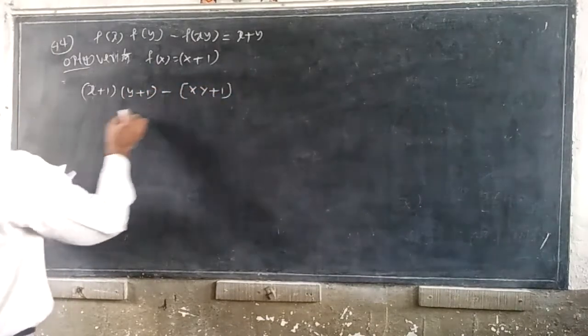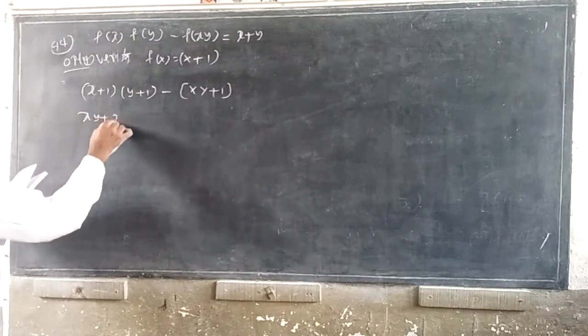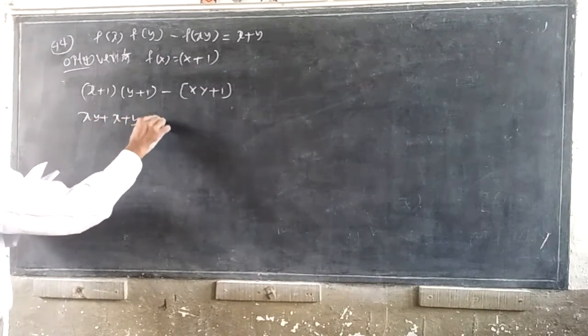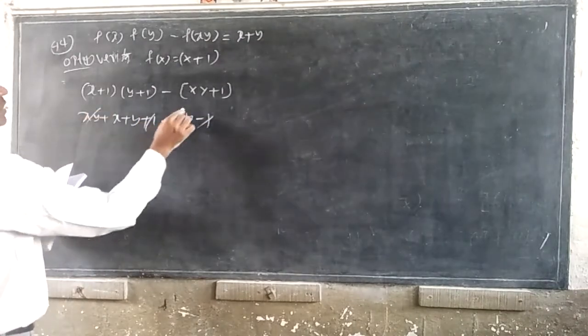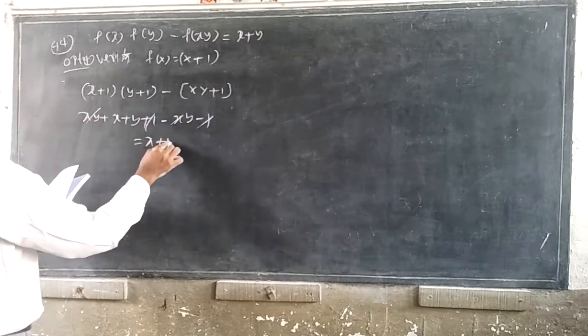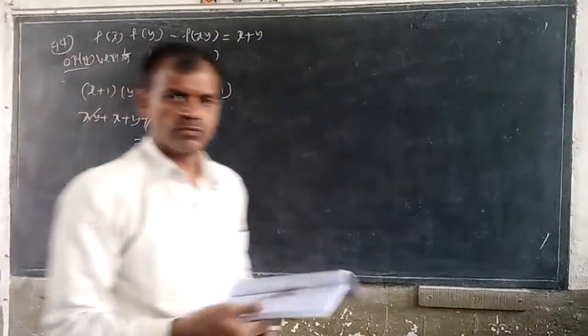Now multiply: xy plus x plus y plus 1 minus xy minus 1. 1 minus 1 gets cancelled, xy gets cancelled. Yes, we got x plus y. Verified, fourth option.